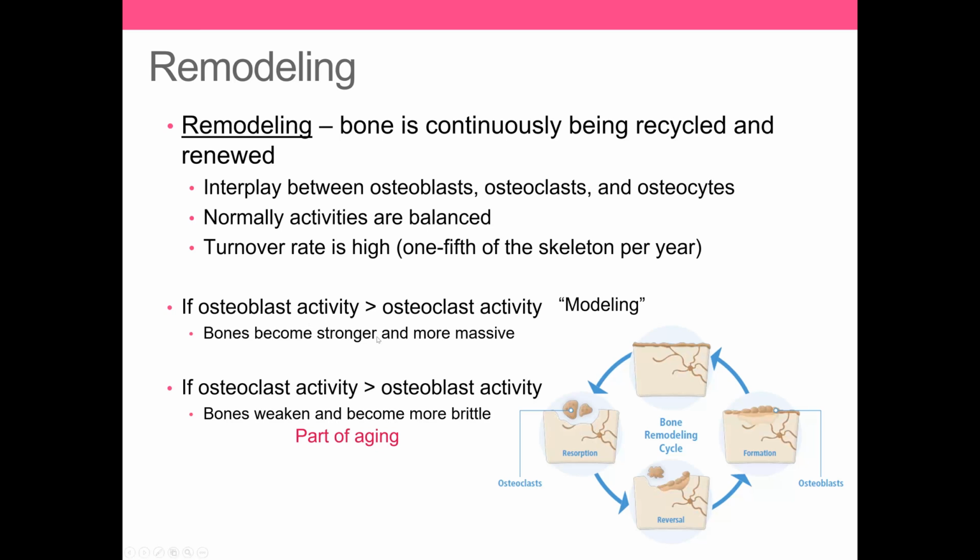So exercise can counteract it, but ideally, you want the activities of your osteoblasts and osteoclasts to be relatively equal. So as you break down the bone, you're rebuilding it. It does help if you rebuild a little bit more by increasing the osteoblast activity, but you definitely don't want your osteoclast activity to heavily outweigh your osteoblast activity.